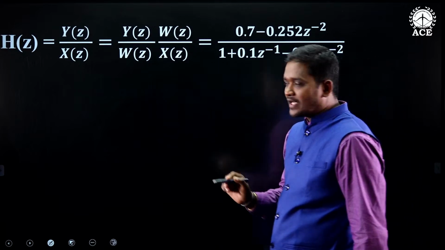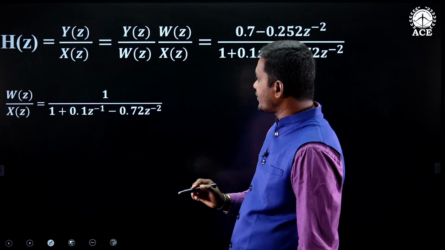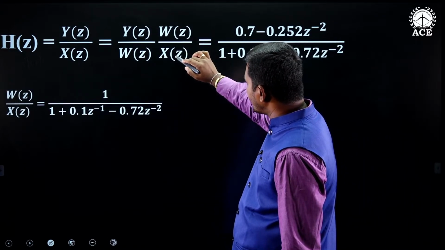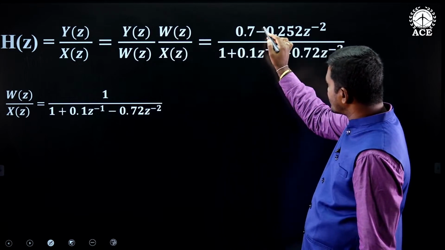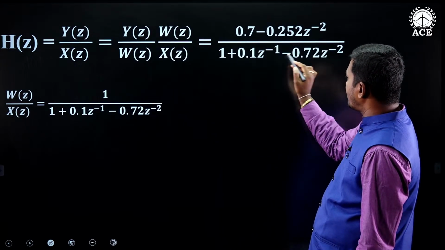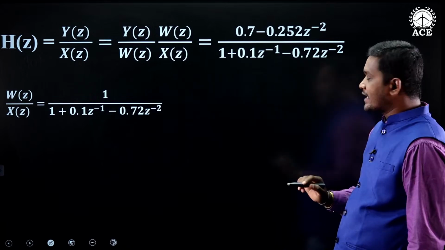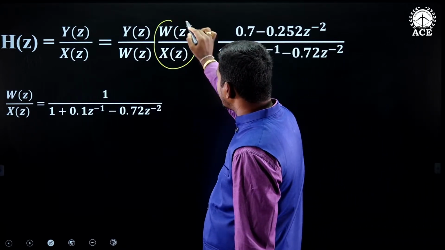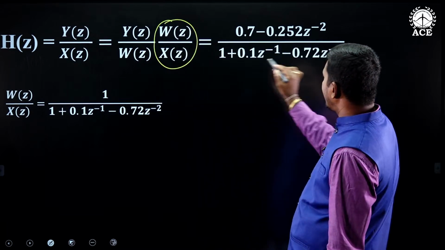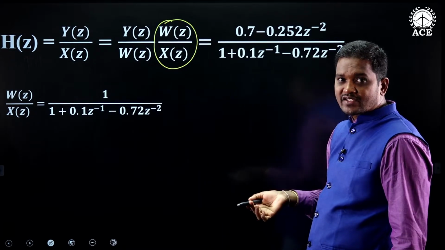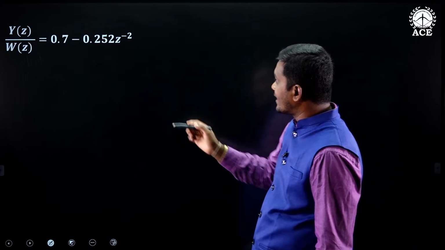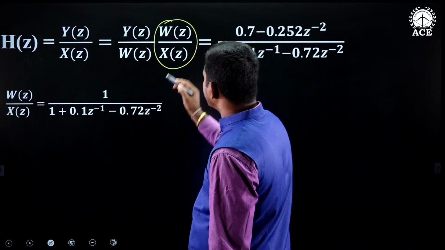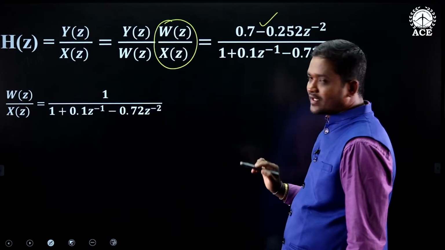Now, the important thing is, what you have to assume is w of z by x of z is 1 by 1 plus 0.1 z inverse minus 0.72 z power minus 2. This factor is equal to 1 divided by this denominator. And next, y of z by w of z is equal to the numerator.